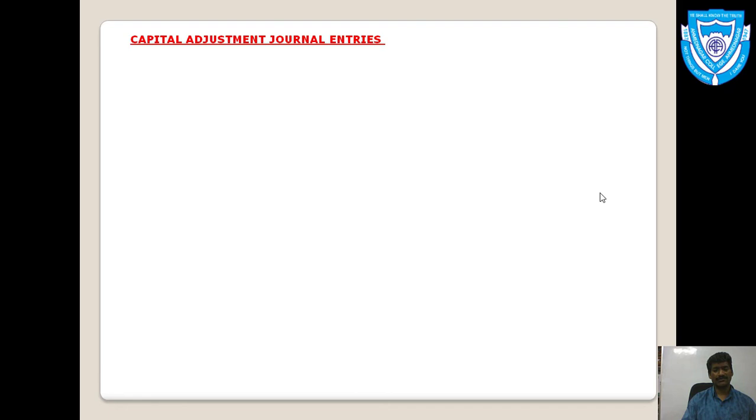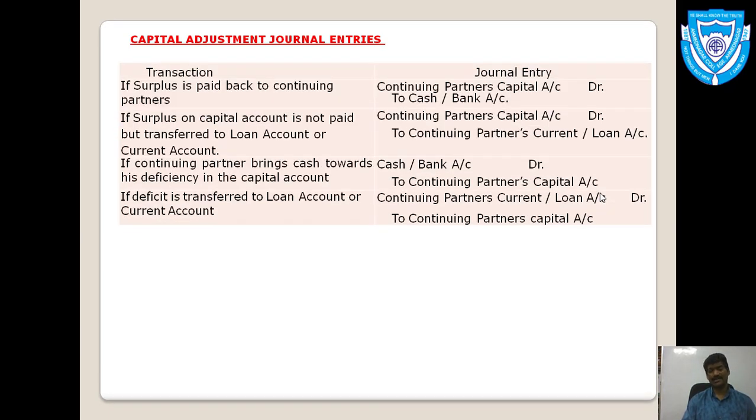Capital adjustment journal entries. Again, there are some specimen journal entries passed as per the transaction. Let us see one by one. Transaction number 1, if surplus is paid back to continuing partner. In this case, continuing partner's capital account debit to cash or bank account.